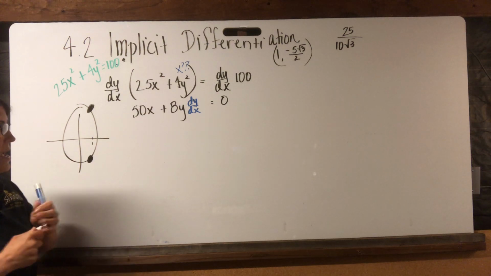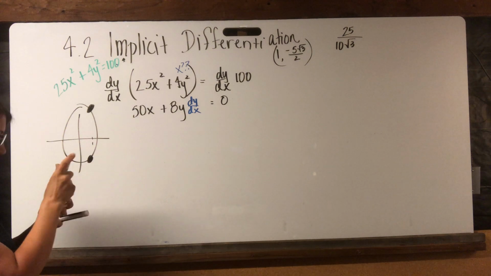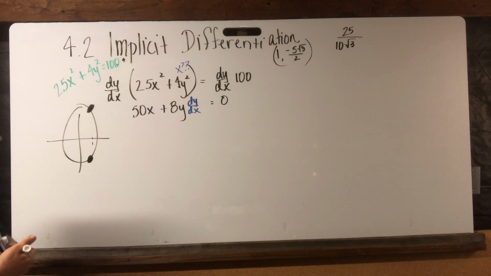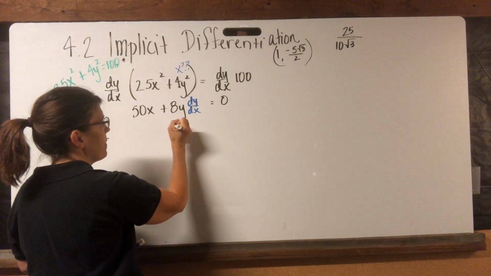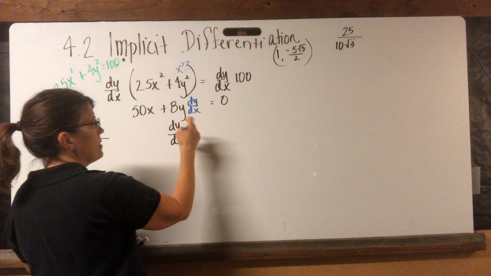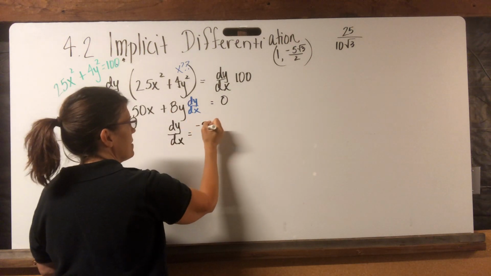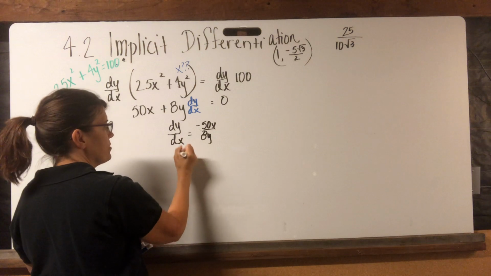All right, then I need to solve for the slope. So I subtract 50x, divide by 8y, and of course reduce that.